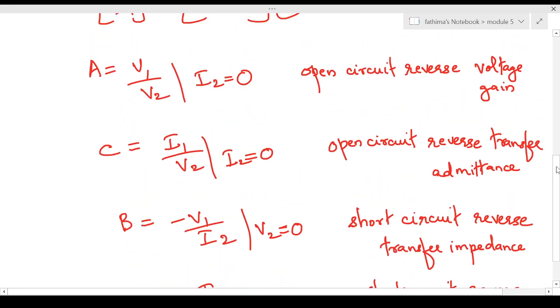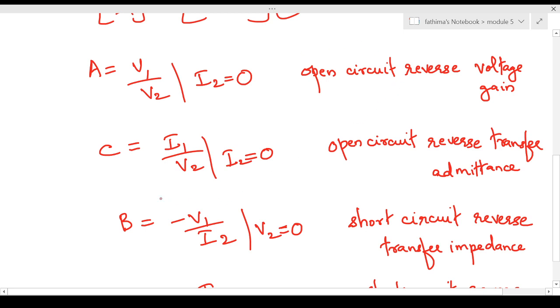That is, A is the ratio of V1 to V2. That is, it is the ratio of voltage gain, and it is called the reverse voltage gain because it is the ratio of voltage at the input to voltage at the output. And since I2 is equal to 0, it is called the open circuit reverse voltage gain.